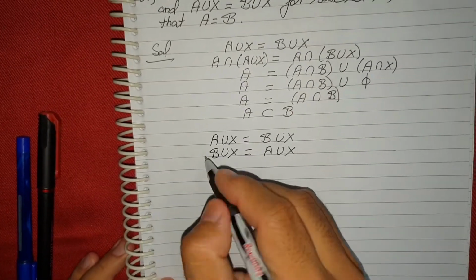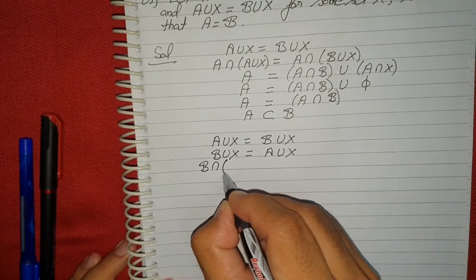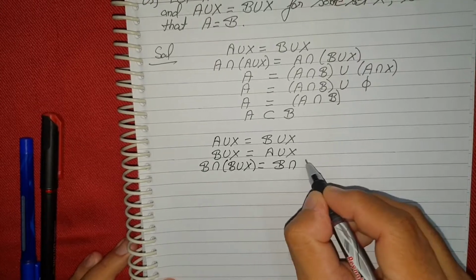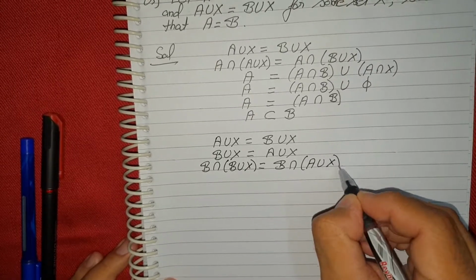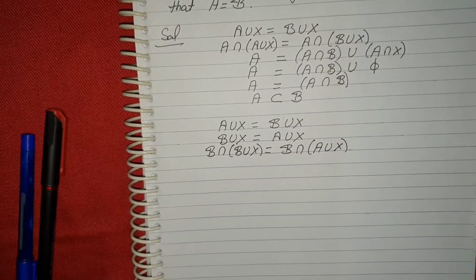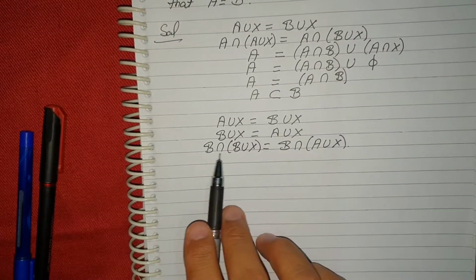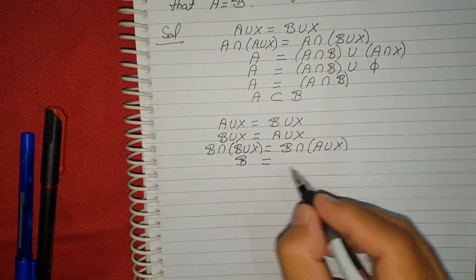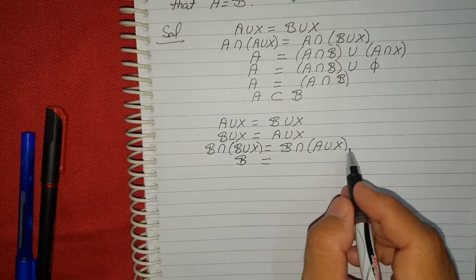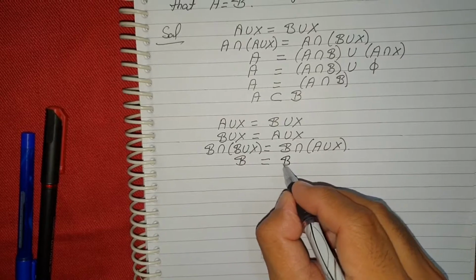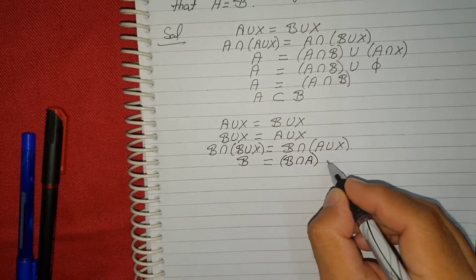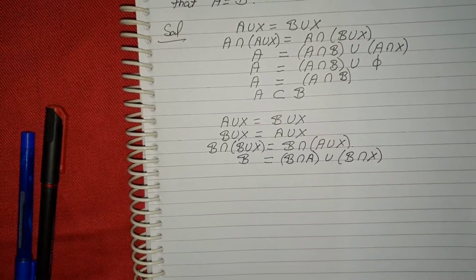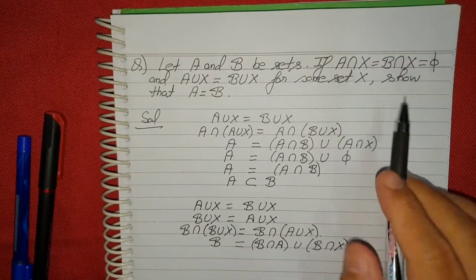Now taking intersection B on both sides: B intersection (B union X) equals B intersection (A union X). Now B intersection (B union X) will give us B only. And by the distributive law, this will be B intersection A union B intersection X. Now again we know that B intersection X is phi.